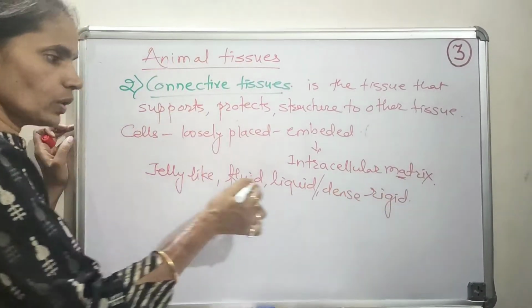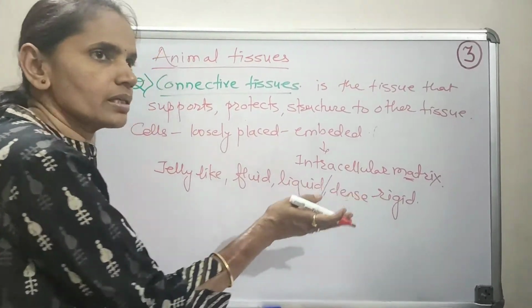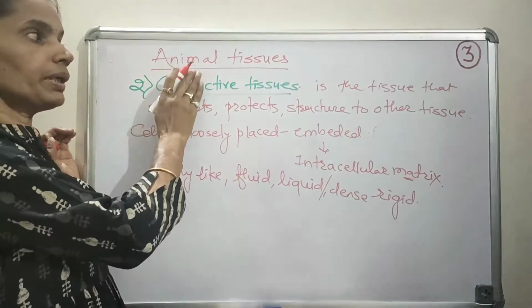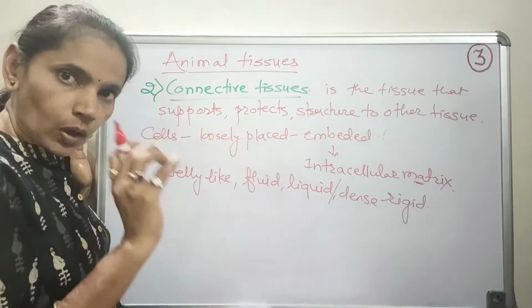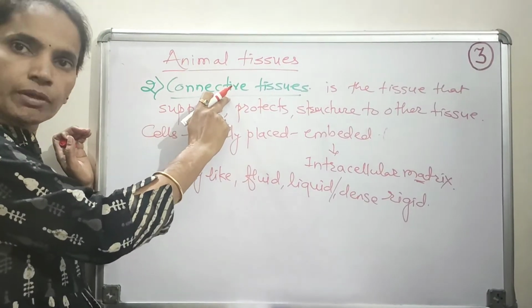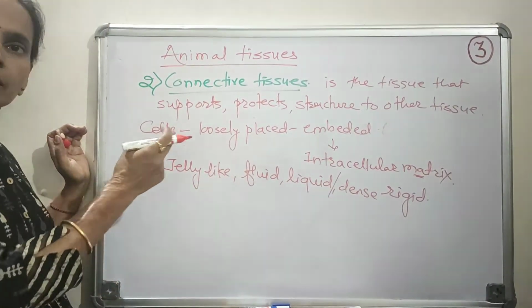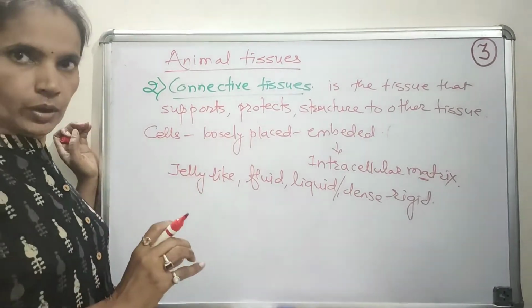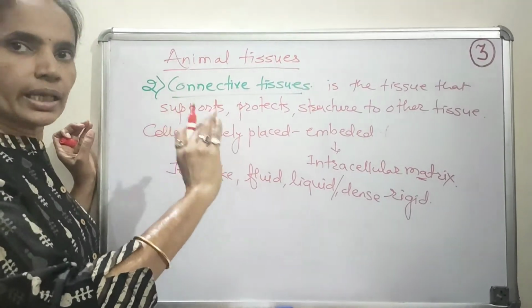The nature of this matrix depends on the type of connective tissue and the function it performs. On the basis of the function performed by a specific connective tissue, the nature of the matrix differs. In the human body, there are different kinds of connective tissue.